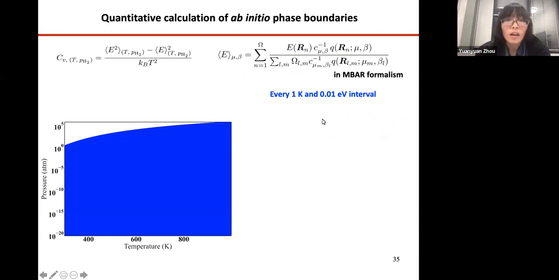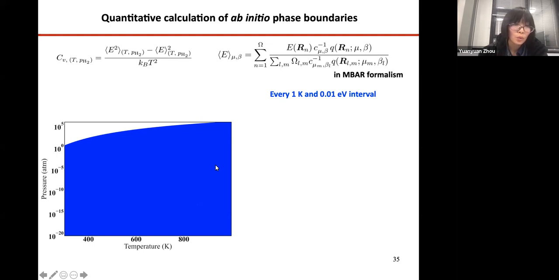Okay, in the next few slides, I will explain how we quantitatively calculate the ab initio phase boundaries using the MBAR sampled data and post-processing, that is, IGC sampled data post-processed by MBAR. And the heat capacity is calculated in this form. We already got it before, and the energy ensemble or energy squared ensemble at each temperature and each chemical potential can be calculated in MBAR.